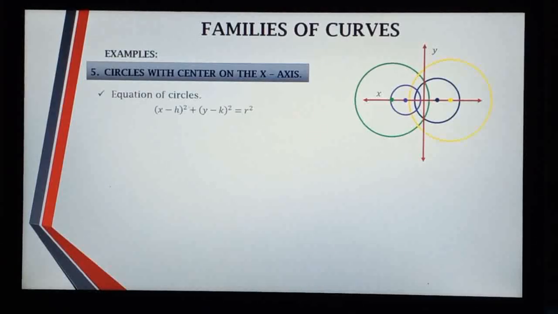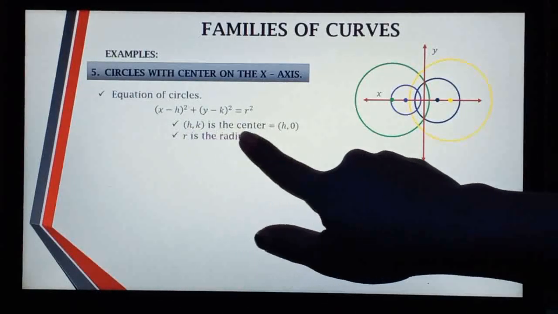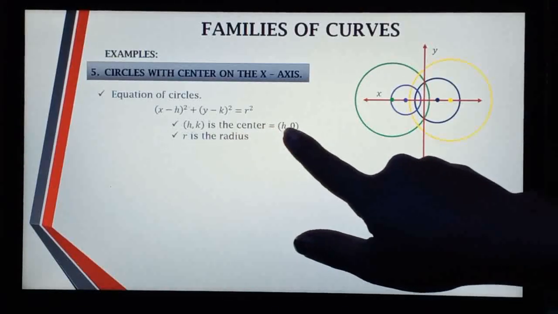Since nasa x-axis lang yung center ng circle mo, ang may value lang sa between h and k is only the x, or considered to be the h. Meaning to say, your center na h and k will be h and 0.